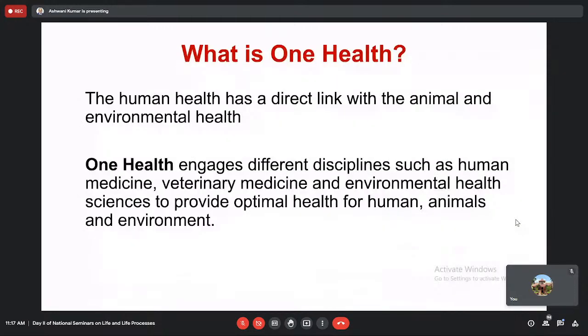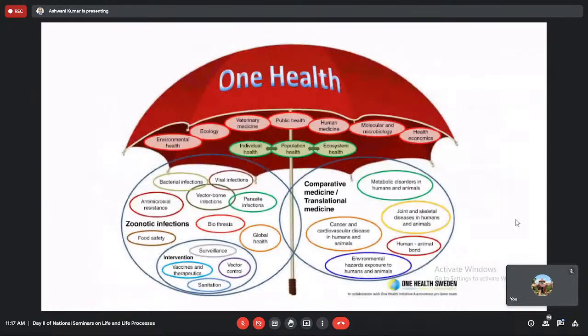So this summarizes what the One Health approach is. This is borrowed from One Health Sweden. It beautifully describes individual health and ecosystem health. They are intimately interlinked, and public health is linked with veterinary medicine, ecology, and environmental health.